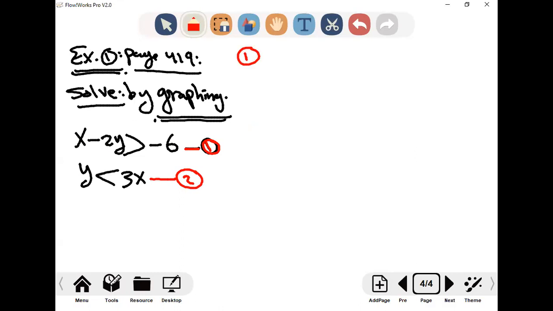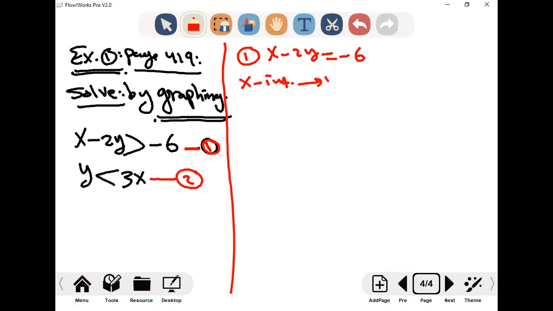Inequality one, the first step: turn it into an equation and find its intercepts. So here x minus 2y equals -6. How do we find the x-intercept? Put y equals 0. -2 times 0 is 0, so x equals what? -6.